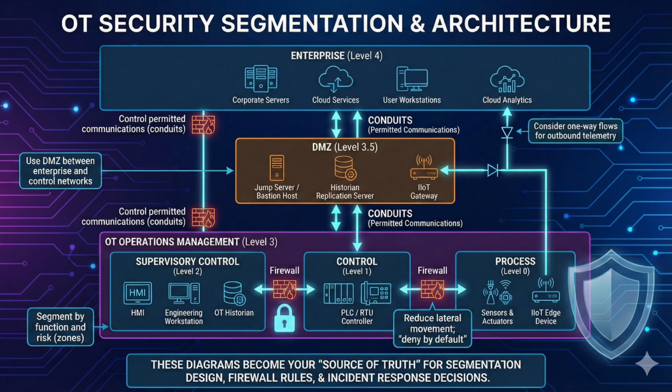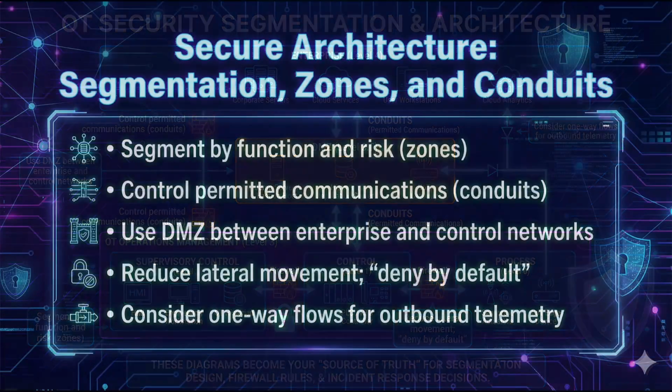From the ISA/IEC 62443 perspective, you define security zones based on function and risk, like safety systems, control systems, engineering workstations, and IIoT gateways, and then you define conduits with explicit security requirements. Practically, this becomes firewall policies, protocol gateways, and sometimes one-way data transfer, where you only need monitoring data going out.